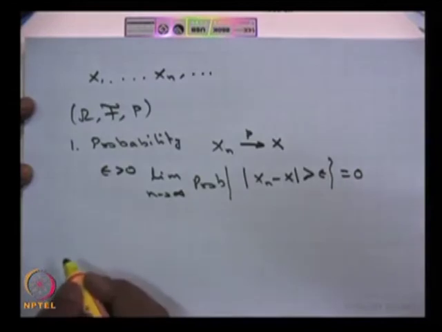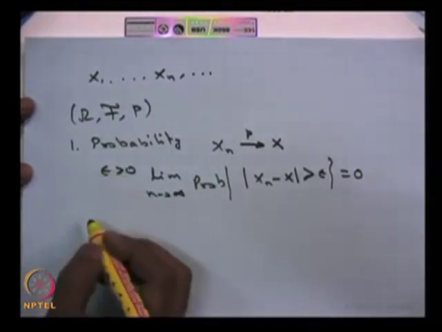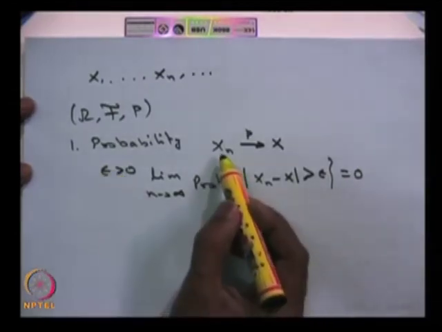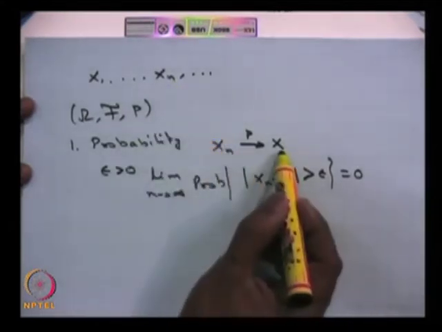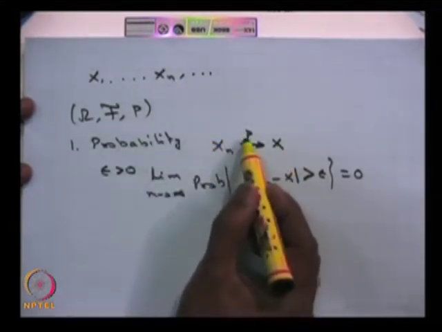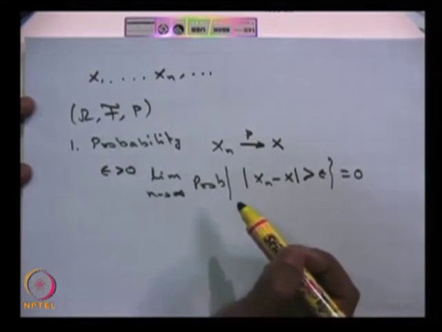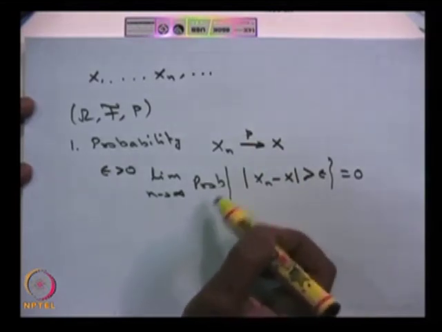If this property is satisfied for any epsilon greater than 0, then I can conclude the sequence of random variables converges to X in probability.